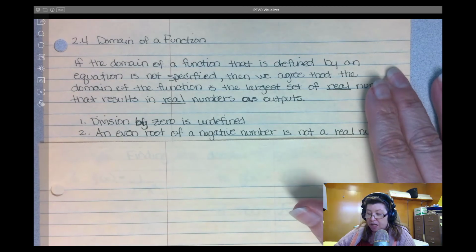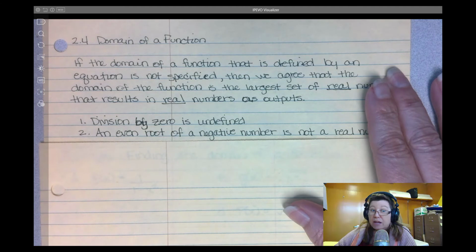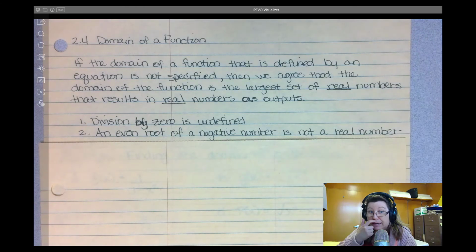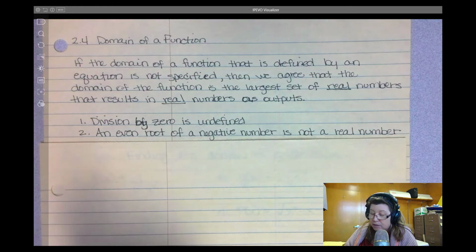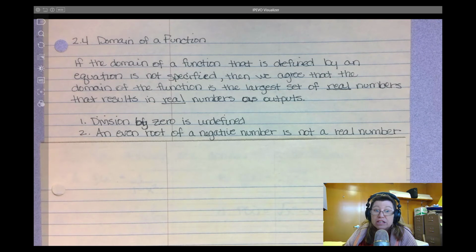First of all, division by 0 is undefined at this level of mathematics. Right now, we are not going to deal with division by 0. So if you have a fraction and the denominator is a 0, you're in trouble. So we want to make sure that the denominators in our fractions are not 0.